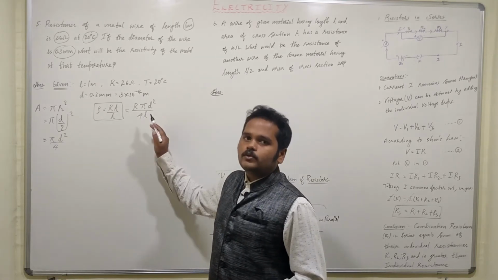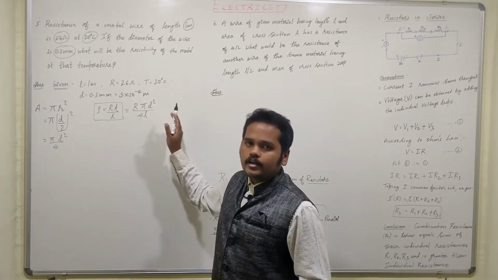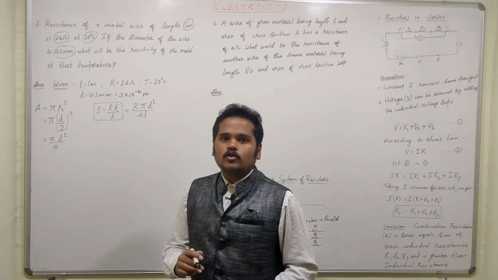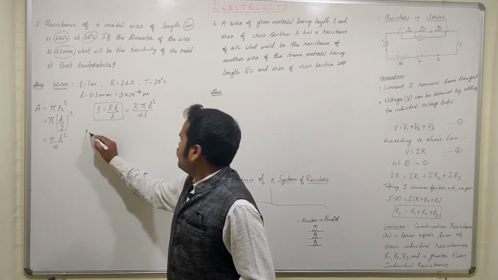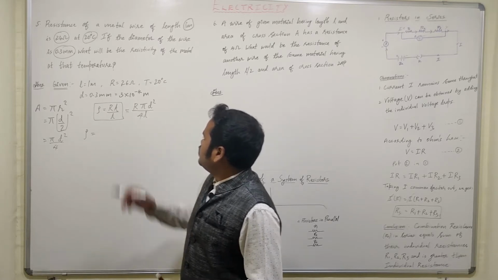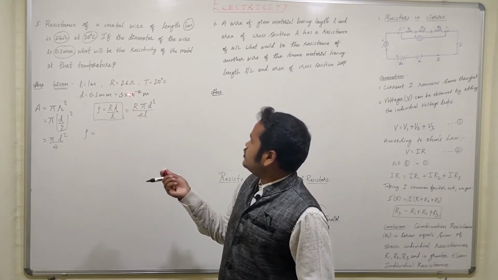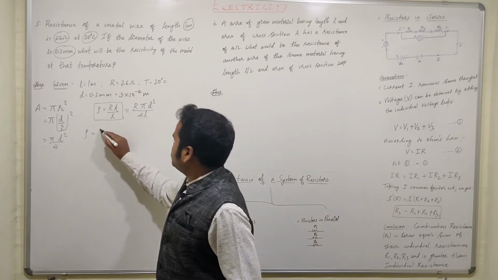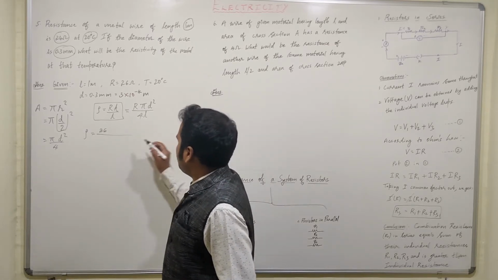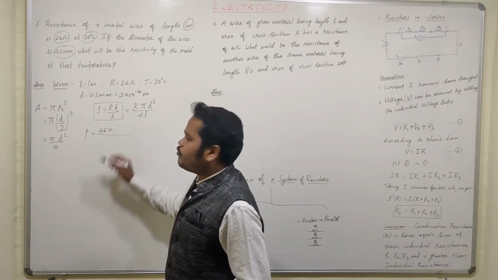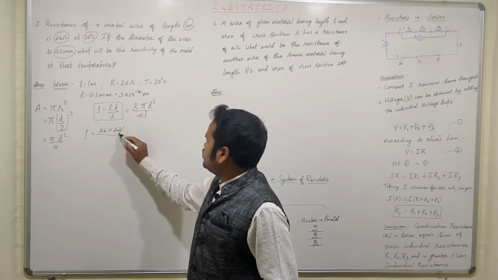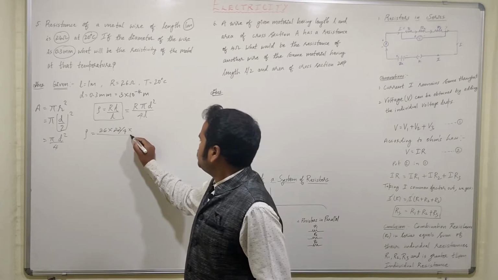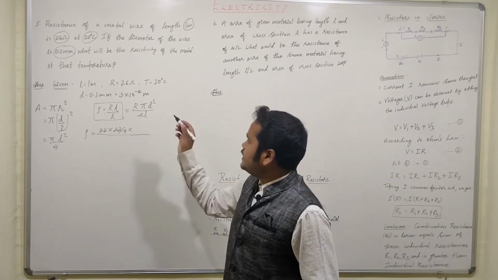Now we will substitute the values which they have given into this equation and solve it. So rho is equal to R. The value of R is 26, into the value of pi, which we all know is 22 divided by 7, into D square.